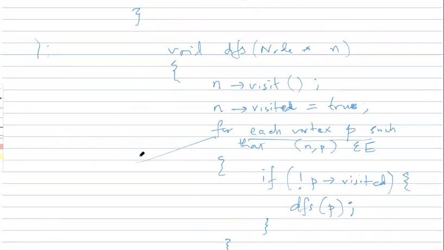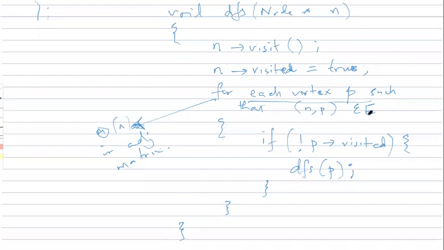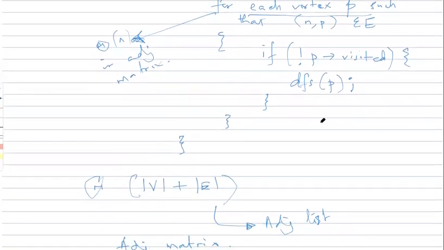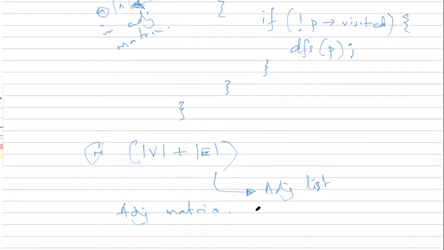So this for loop is actually order of n in the case of adjacency matrix. To ask whether an edge exists is order of n. As a result, in the case of adjacency matrix, this results in a complexity of order n square or V square. But in the case of adjacency list, this is V plus E.